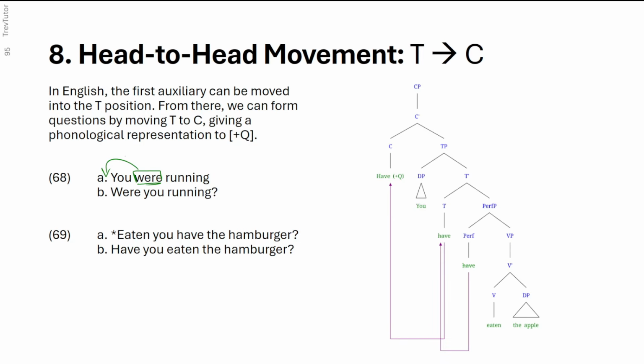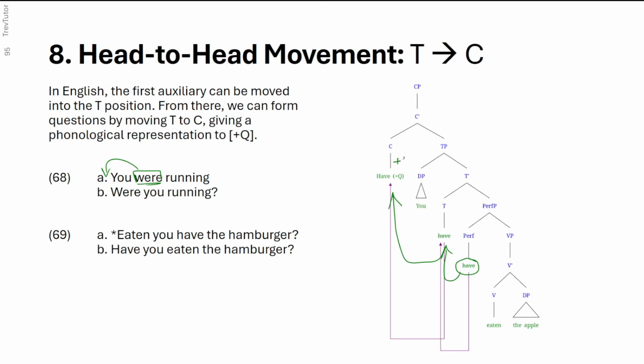So if this you is in the position of the specifier of the tense phrase, that means we need to move it more left. So what we're going to do is we're going to take have in its perfect position. We'll first move it up to tense, and then after it goes up to tense, we'll move it up to C in order to form a question.